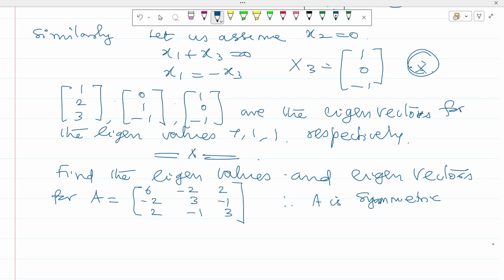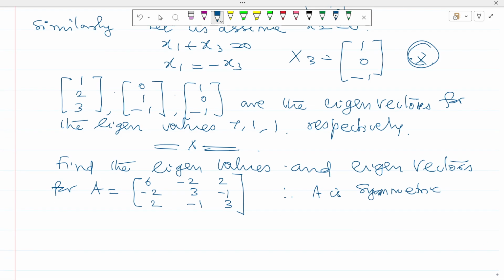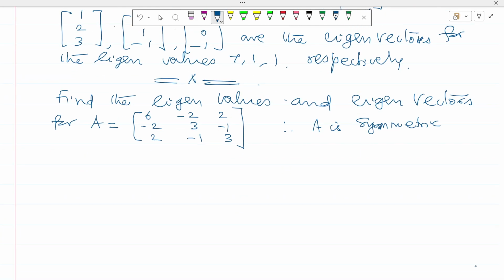For this case, how can we find it? So already we have discussed in many problems how to find the eigenvalue and eigenvector. Here, first we can find the characteristic equation. The characteristic equation is mod A minus lambda I equal to 0.